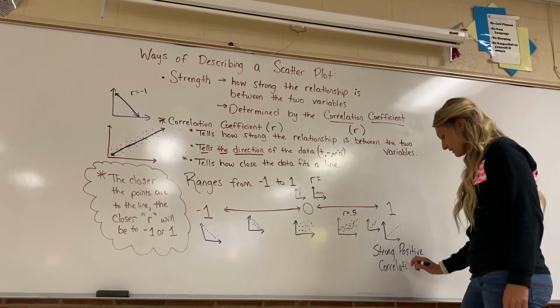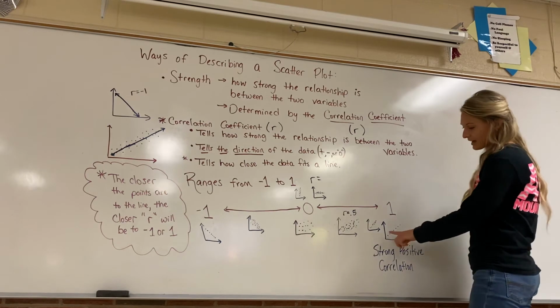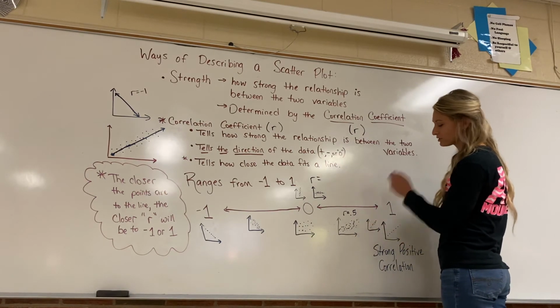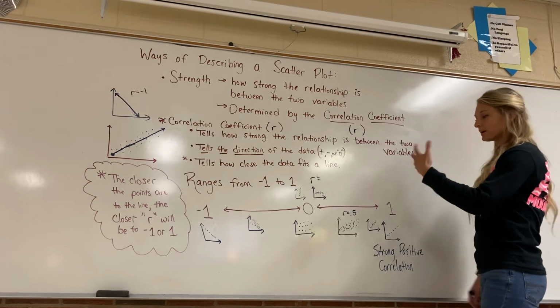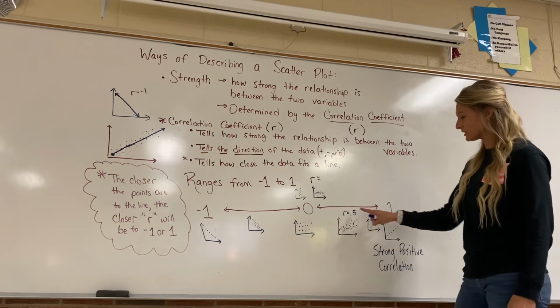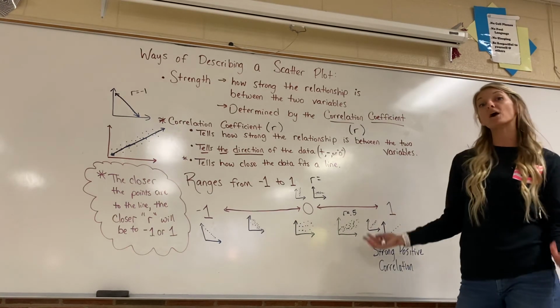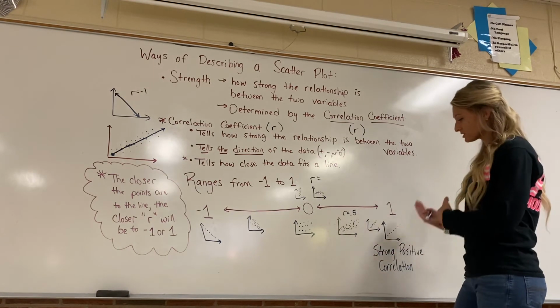If you graph it and the points aren't perfectly aligned, like maybe kind of like this graph, maybe the correlation coefficient is somewhere between here and here, you would say it has like maybe a moderate positive correlation.